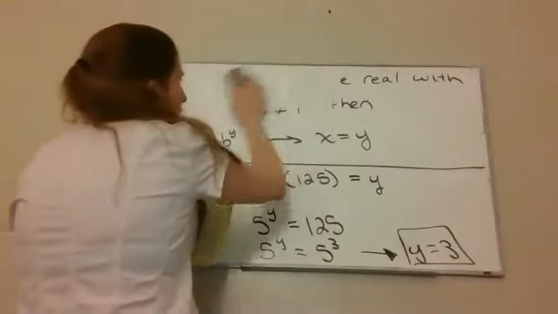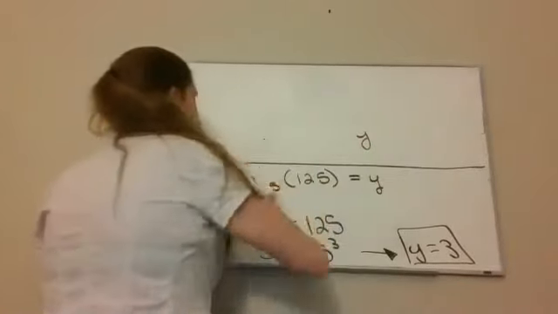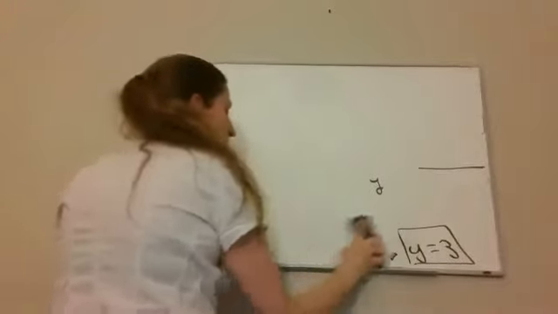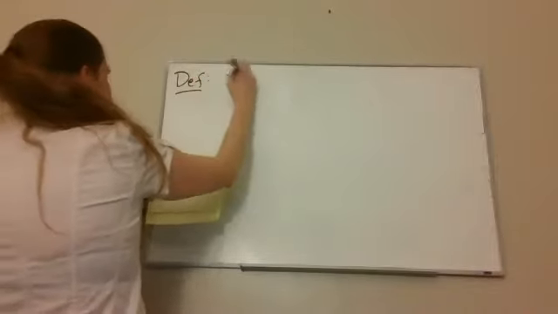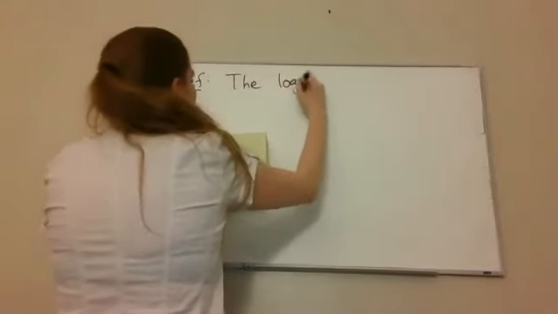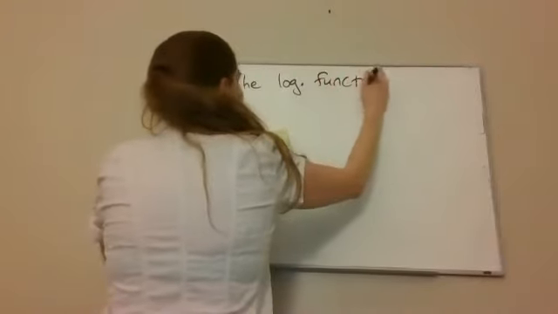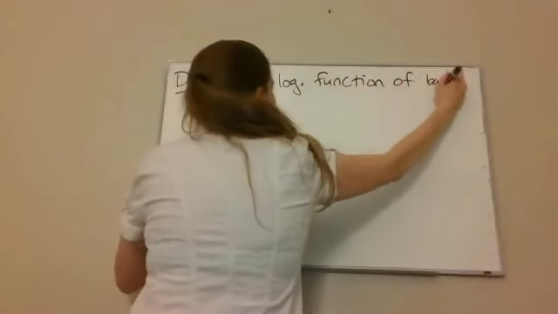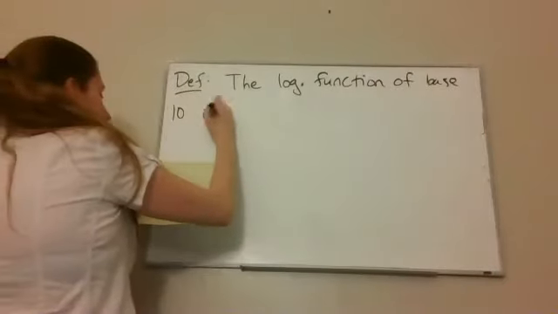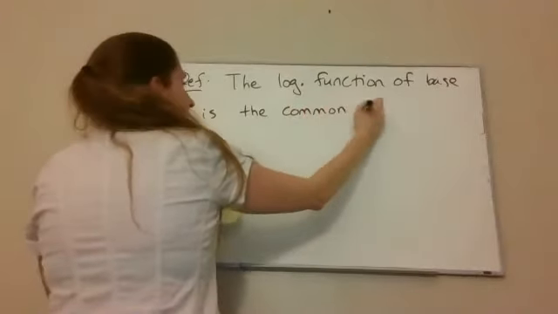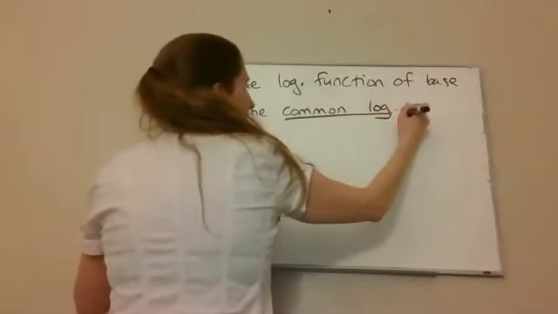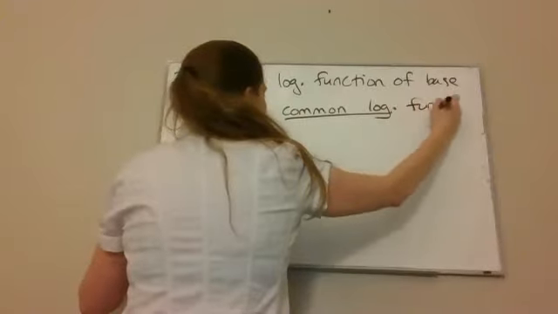So there's all sorts of different logarithms, all the different bases that we can have. But most of the time we work with just two types of logarithms, the common log and the natural log. So the logarithmic function of base 10 is called the common log, or common logarithmic function.